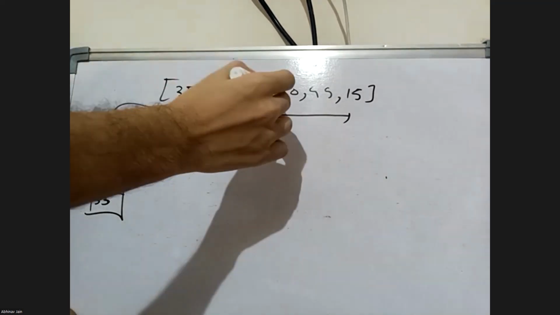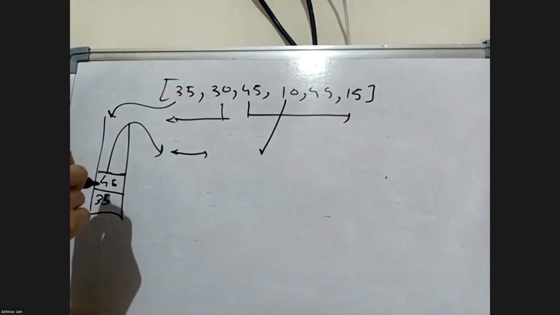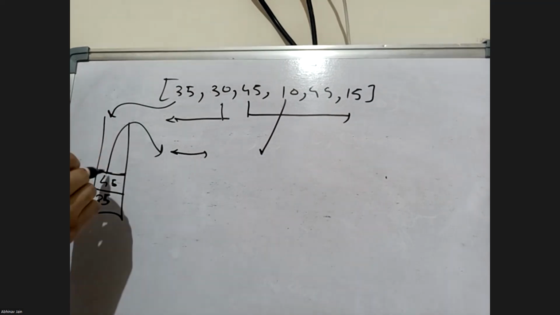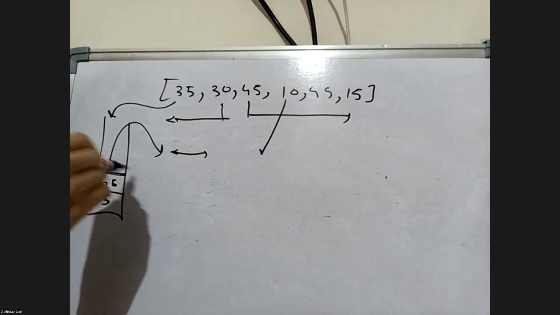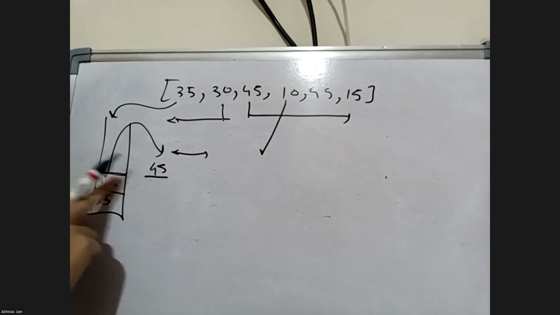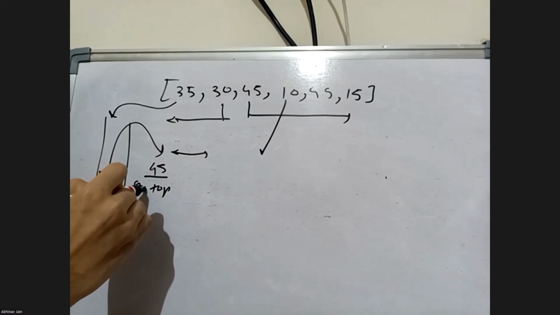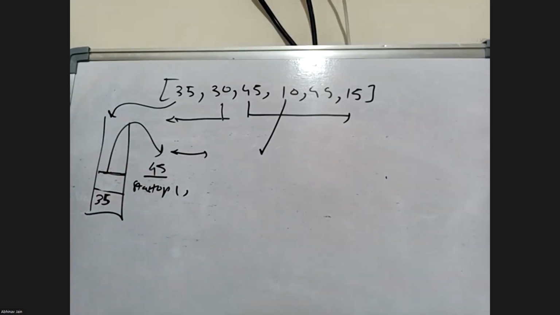And then we look at 10. Or do we? No, this is very important. We don't have to check just the topmost element of the stack. We need to go through the whole stack if it's greater than the topmost element. So what we need to do here is impose a while loop: while this 45 is greater than the top of stack, we need to pop that element and then store the value in our answer vector.